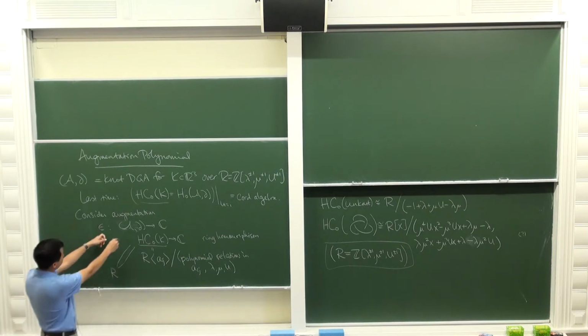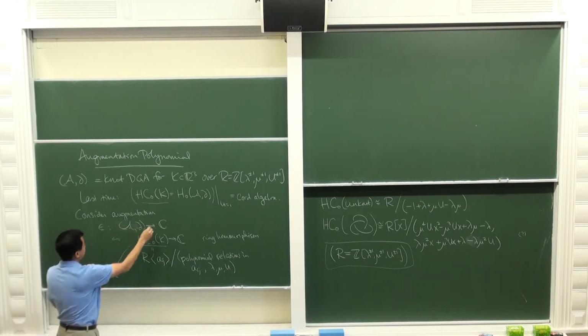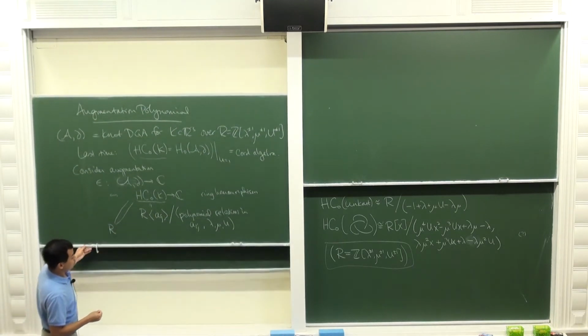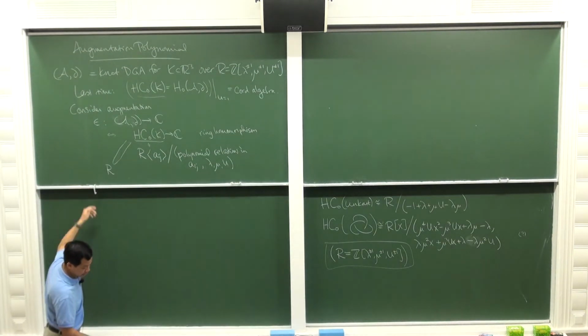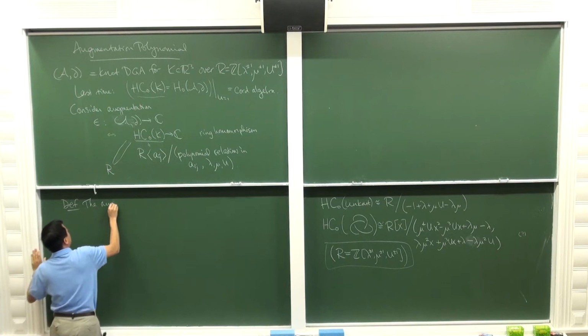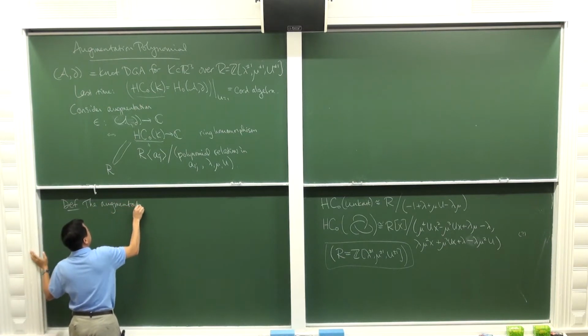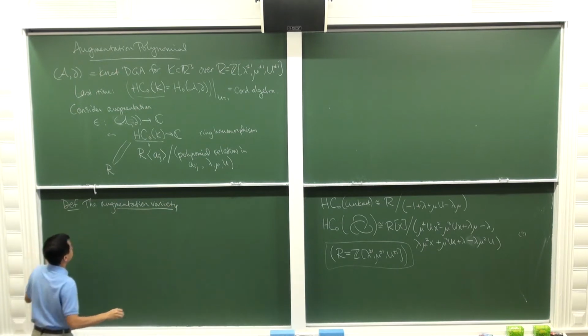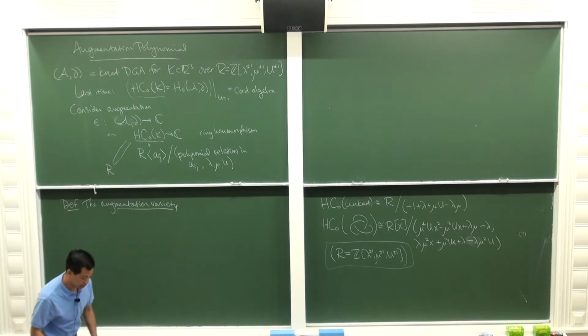And so if you have an augmentation from the DGA to C, then you end up with a ring homomorphism from R to C. Basically the augmentation variety is an invariant that you get by just considering such maps for all possible augmentations.